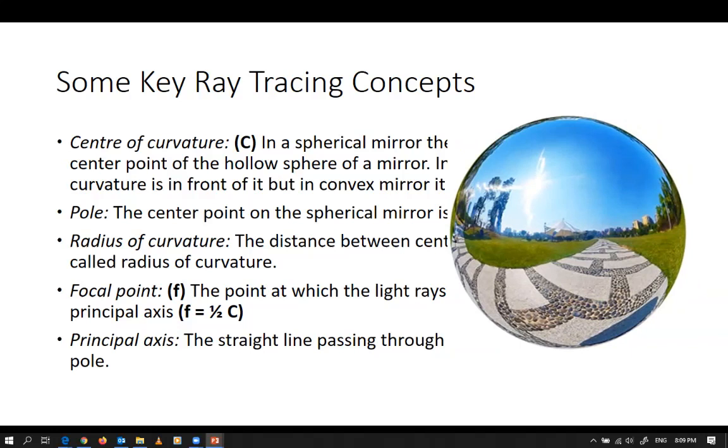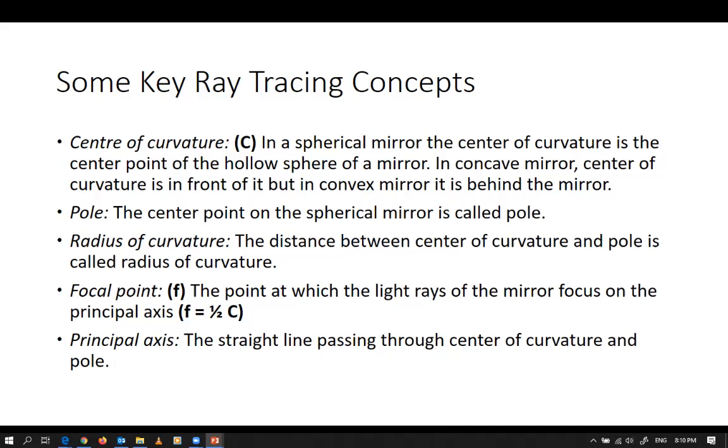Obviously this is three dimensional and has curvature left to right as well as up and down. For our examples, we're thinking of a thin slice, so we're really thinking about the curvature going up and down, not necessarily left and right, but you can extrapolate it to include an example like this.